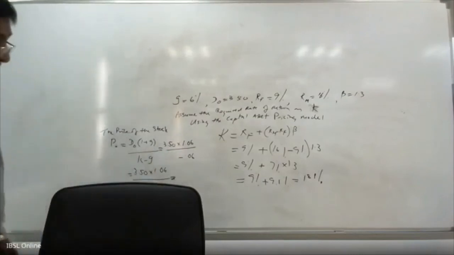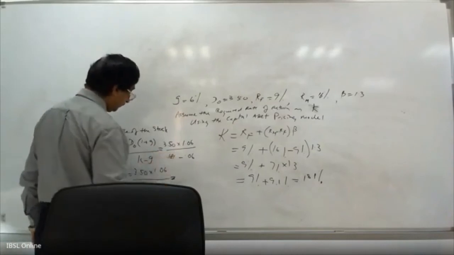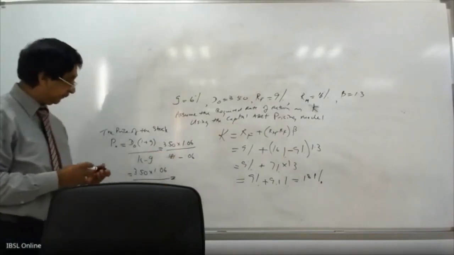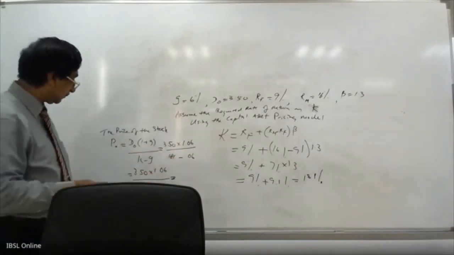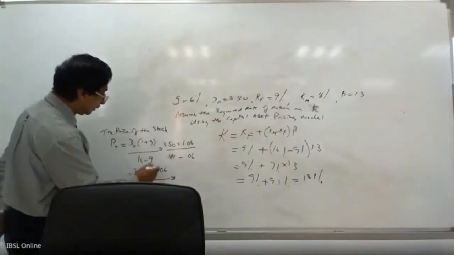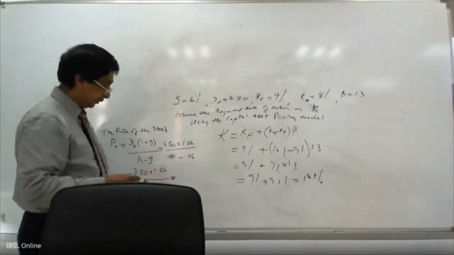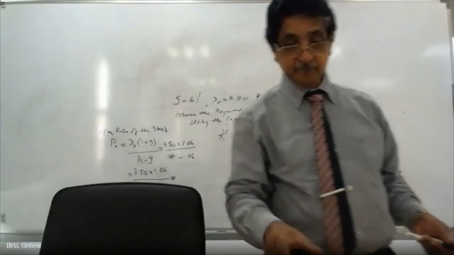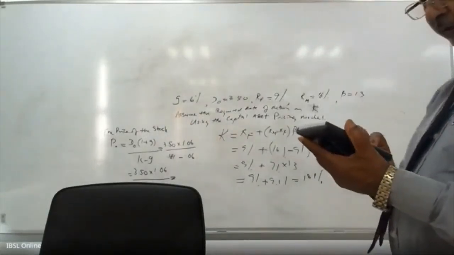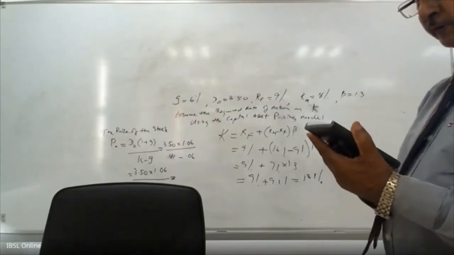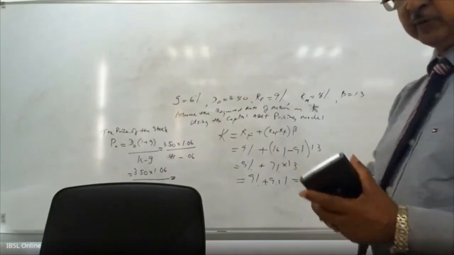Make sure you always put it in decimal form. 0.181. 0.181 minus 0.06 becomes 0.121.